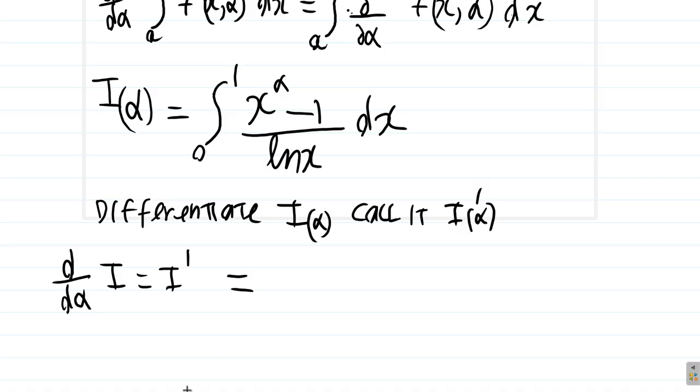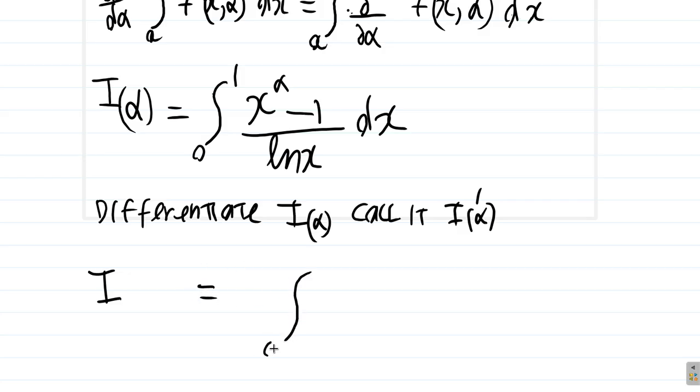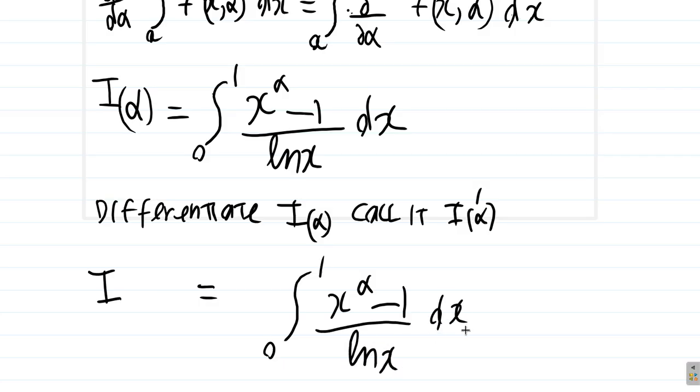So let's rewrite this first. I is equal to the integral from 0 to 1 of x to the alpha minus 1 over ln x dx.